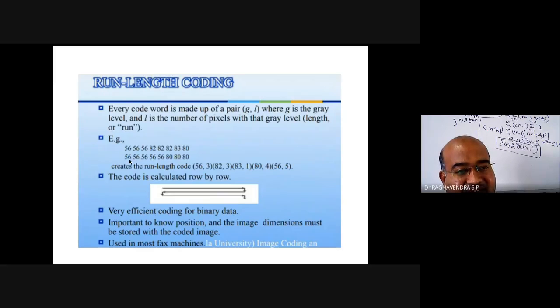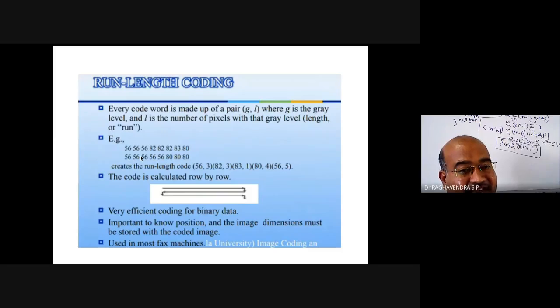Next, you take 56. So this 56 is 5 here because 1, 2, 3, 4 and 5. It is present 5 times in the second row.